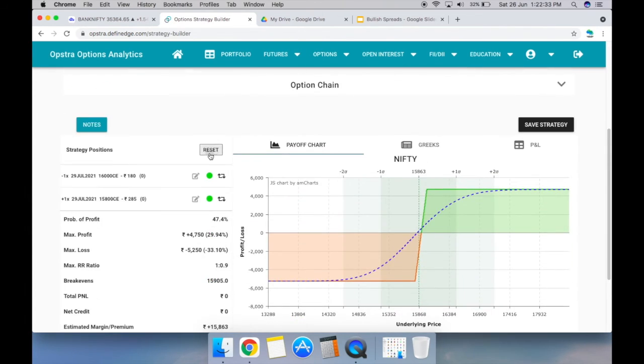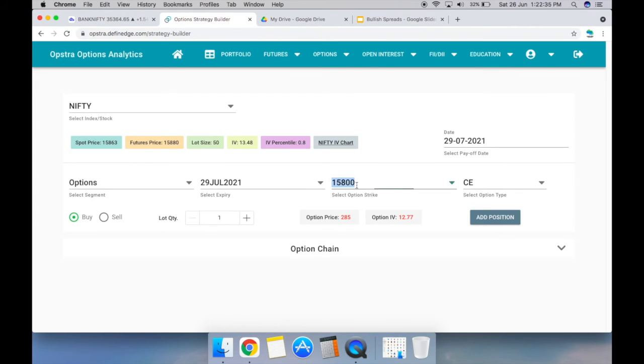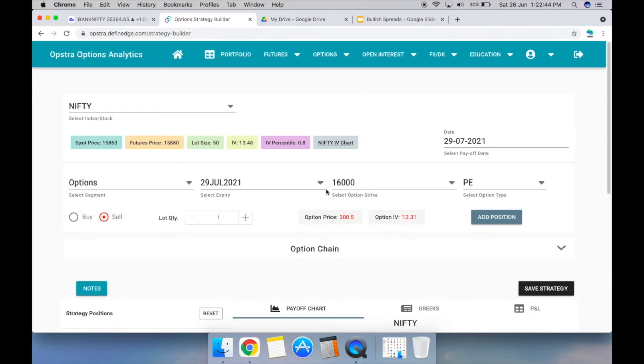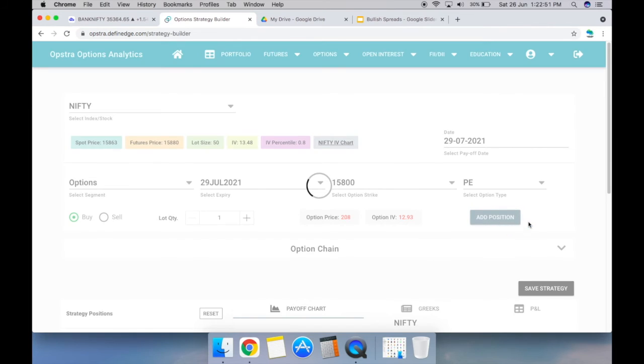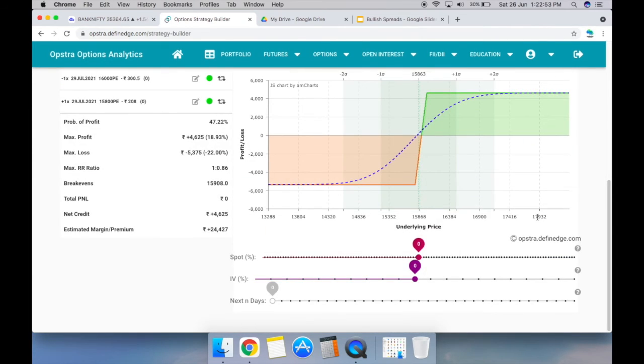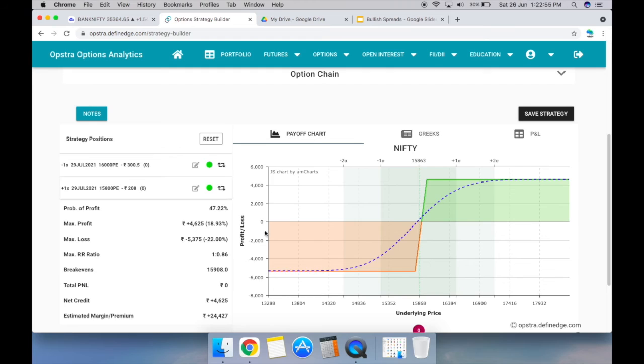Similarly, you have the 16,000 put, and you sell it, and the 15,000 put, I buy it. Here is the bull put strategy that we discussed, right?